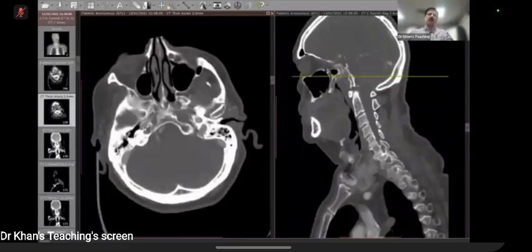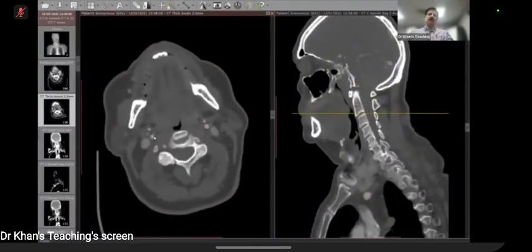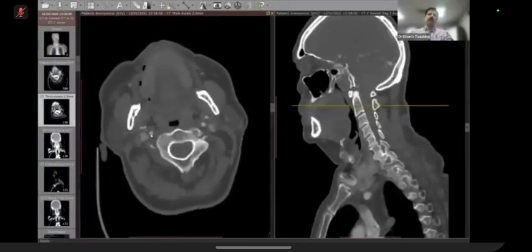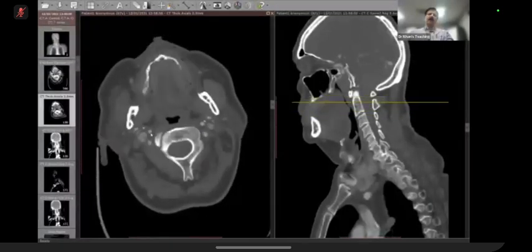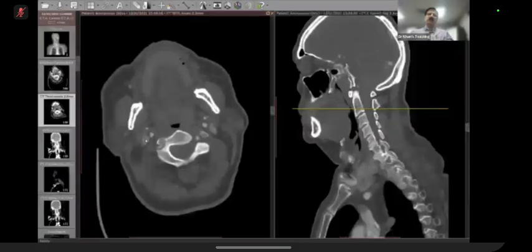Let me trace it backwards. So this is the internal carotid artery. And even here, this is the carotid artery and this is the jugular vein.